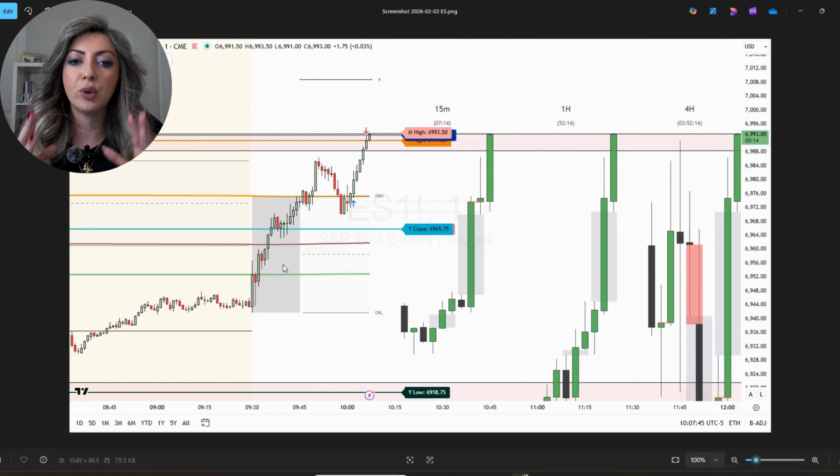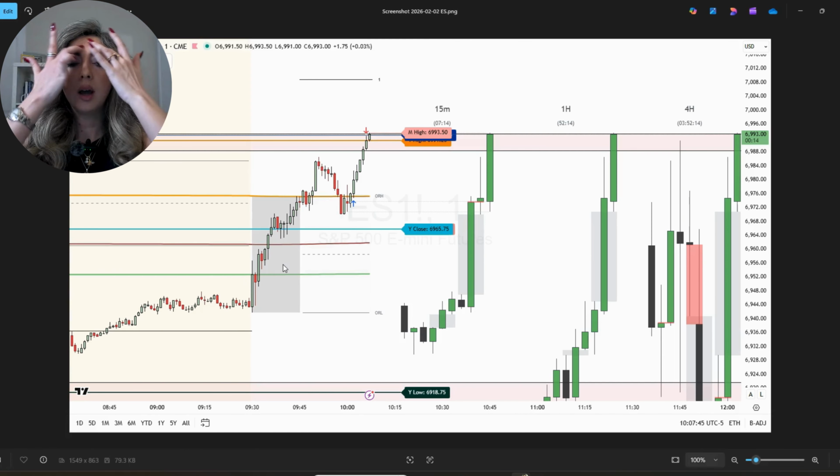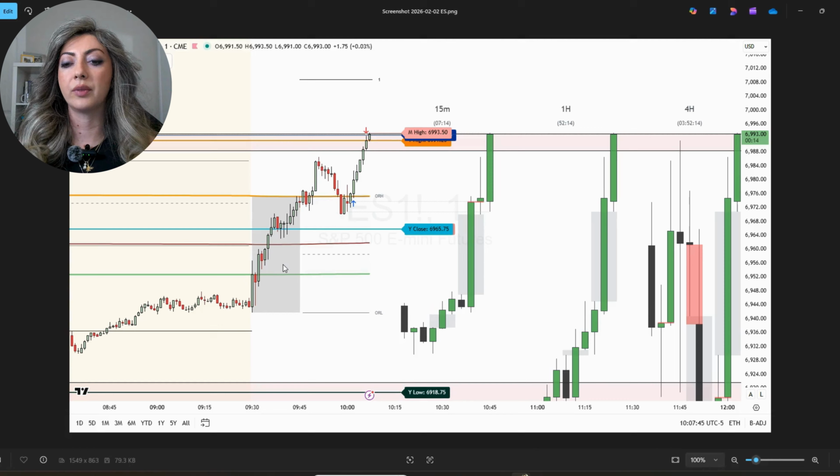First, I have to have the A plus setup. For me, the A plus setup, for example, can be a break of the consolidation zone on a higher time frame such as the 15-minute and 30-minute time frame, with a clear structure that I want to go either long or short.